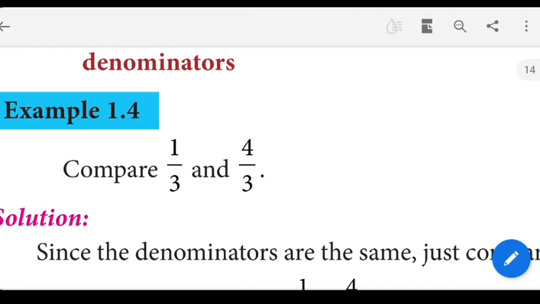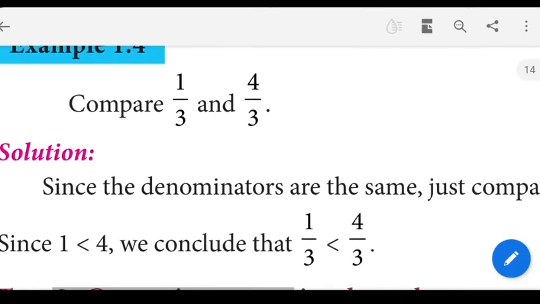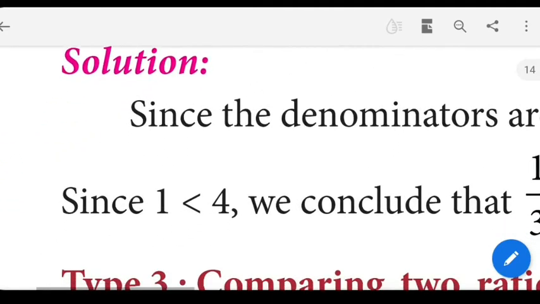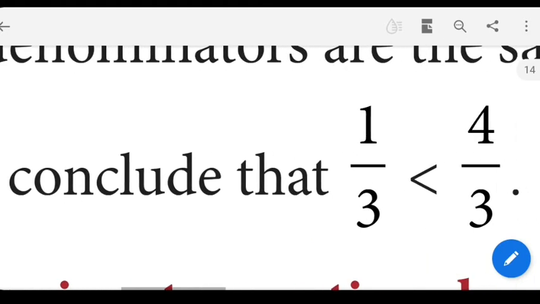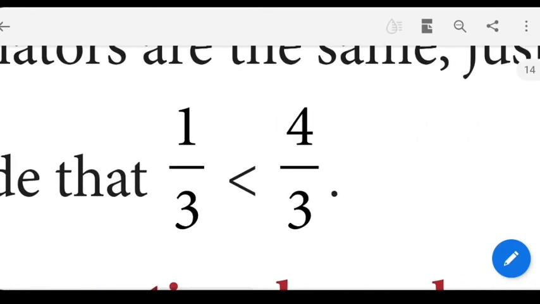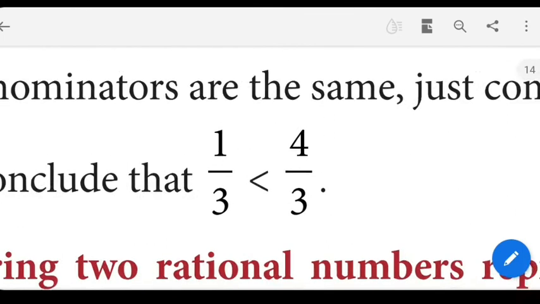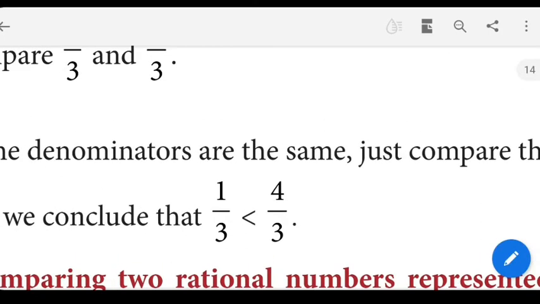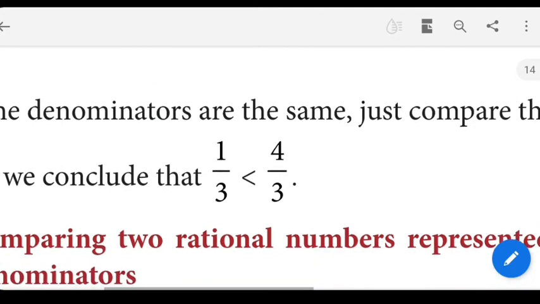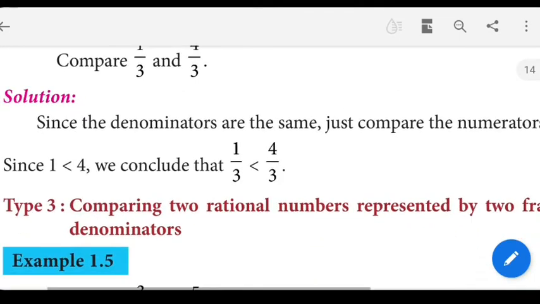Then compare the numerators 1 and 4. 1 is less than 4, so 1 by 3 is less than 4 by 3. This is the second type model sum, where the denominators are same.